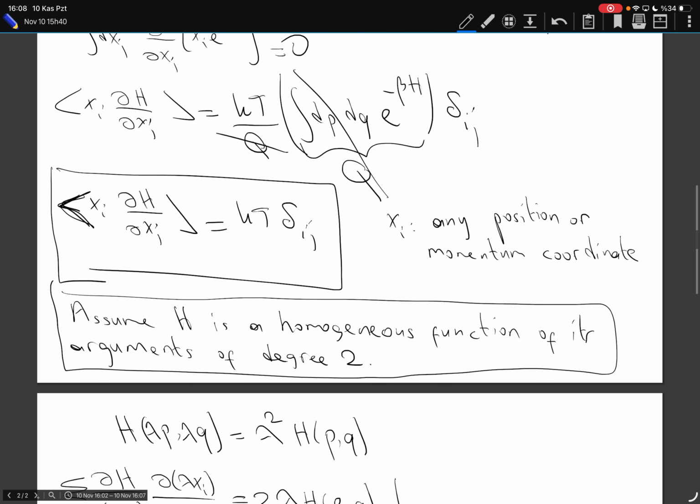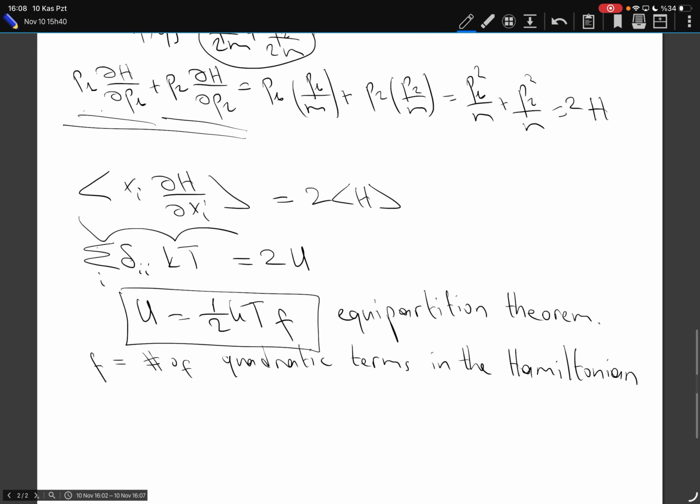And I repeat, this is our general result. Basically, the equipartition theorem is just an application of our general result.